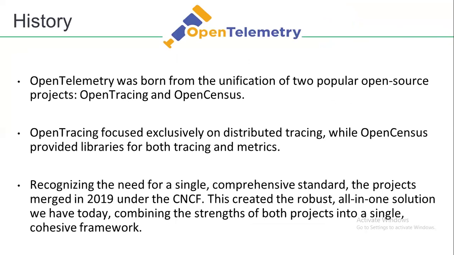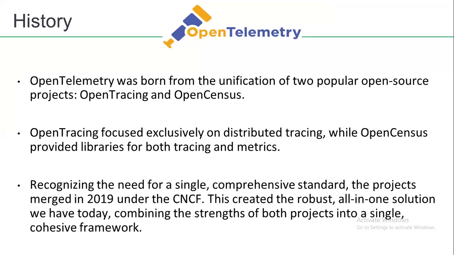The next one is the history of OpenTelemetry. If you don't know the history, OpenTelemetry was born from the unification of two popular open source projects, OpenTracing and OpenCensus. OpenTracing focused exclusively on distributed tracing, while OpenCensus provided libraries for both tracing and metrics.